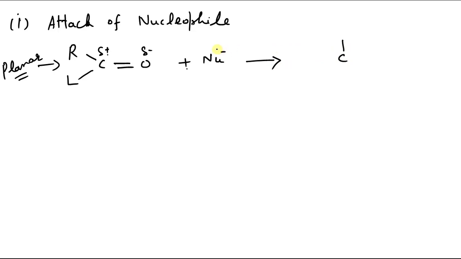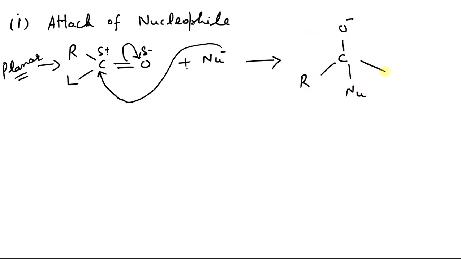So what will happen if we attack the nucleophile? Here the nucleophile will attack like this, and this electron will shift here. I will write it like this: O negative, this is R, this is nucleophile, this is L. I have just randomly written it like this. Now you can see the nucleophile has attacked the carbon and electrons have shifted to oxygen.